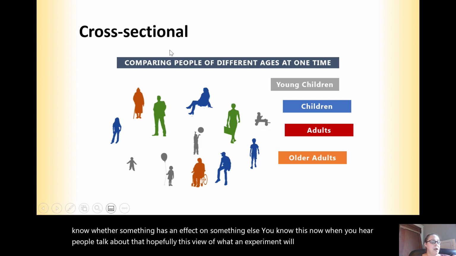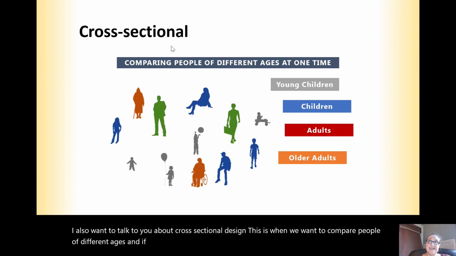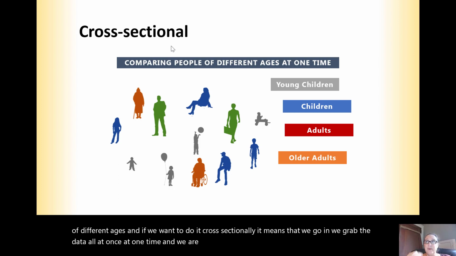I also want to talk to you about cross-sectional design. This is when we want to compare people of different ages. If we want to do it cross-sectionally, it means that we grab the data all at once, at one time, and we're looking at people of different ages.